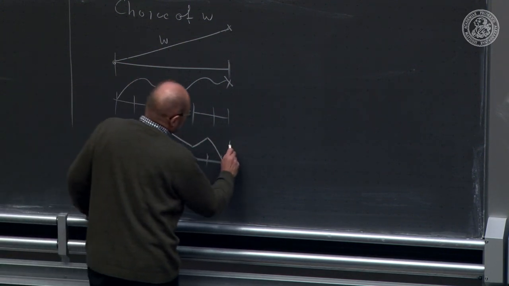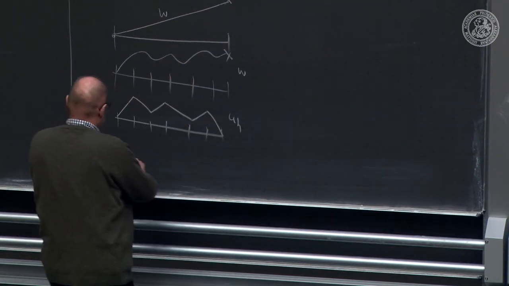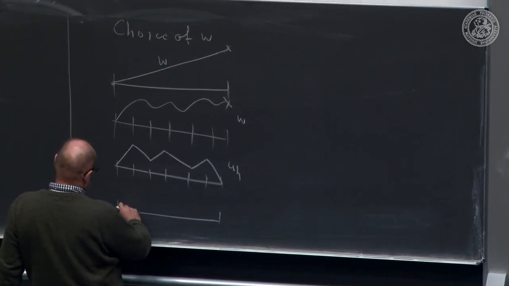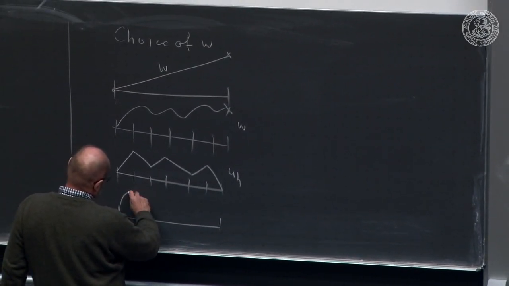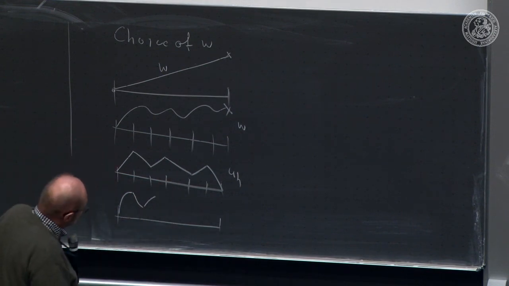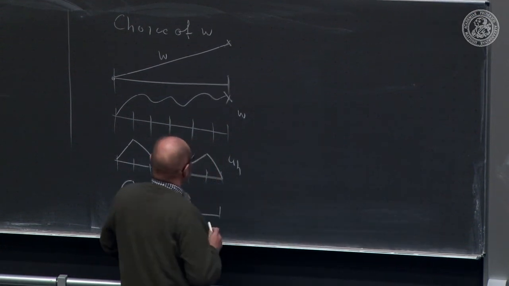So this would be u_h, this would be w, and our u_h tilde would then be, I cannot draw it, whatever. And now we get here a kink. Doesn't seem very practical. So what is the point?